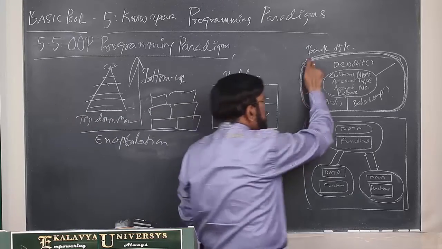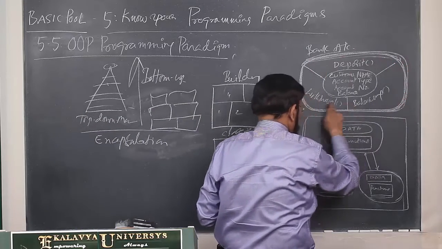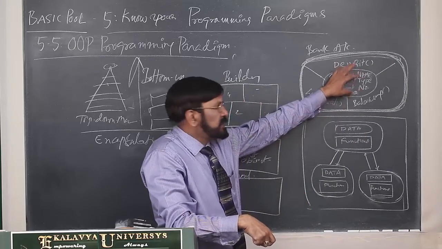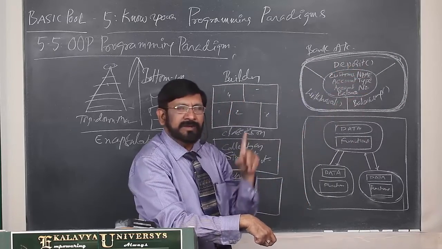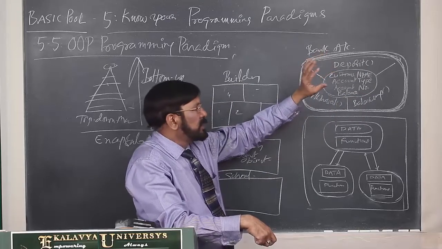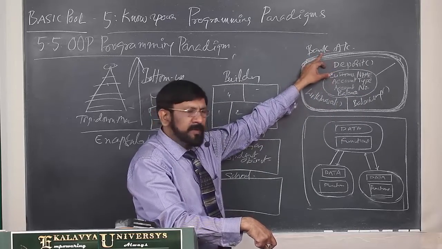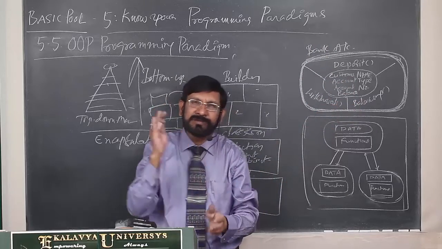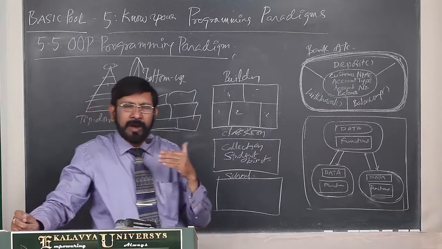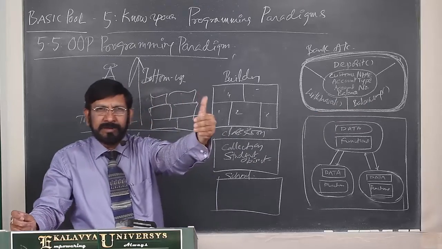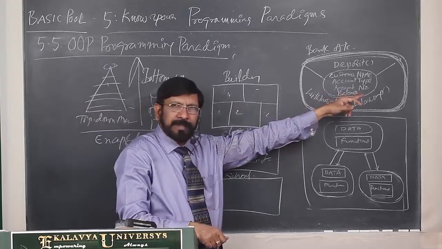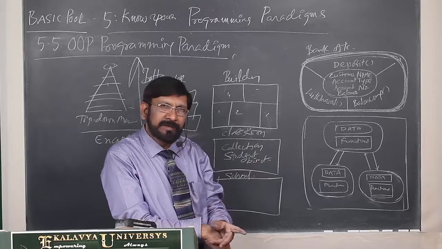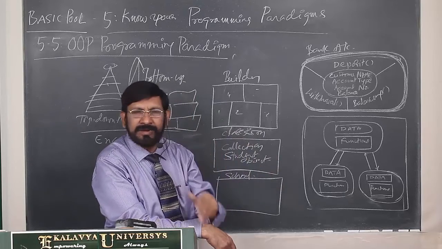Because of encapsulation, a set of data items and a set of functions are integrated as one unit with a single identifiable entity with an identifiable name. That is encapsulation. Because of encapsulation, outside elements cannot access the data directly. If they want, they can access it indirectly.